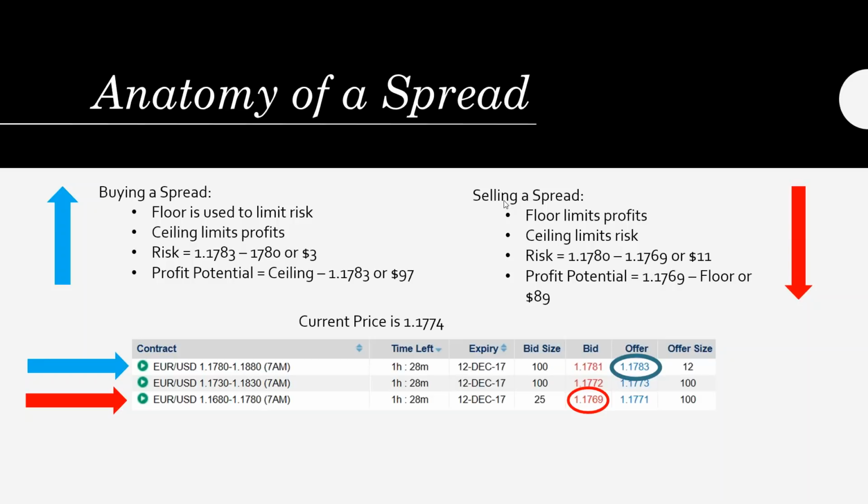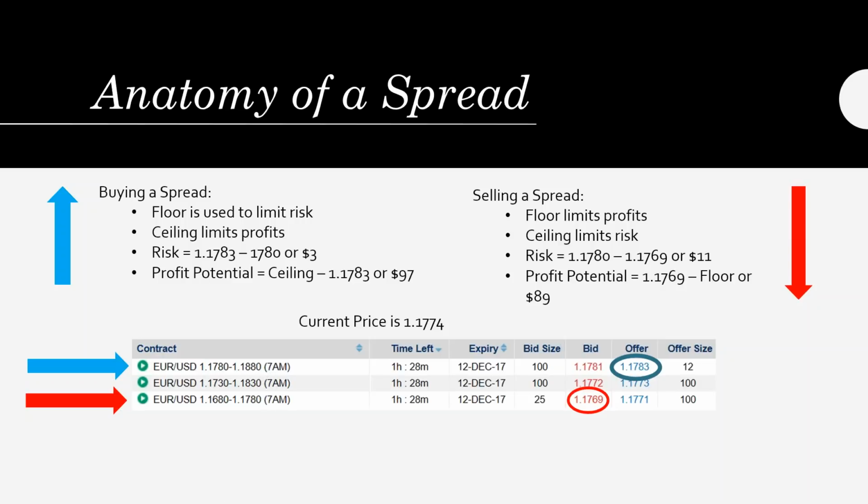But let's say that you are selling a spread. In that case, the floor will limit your profit and the ceiling will limit your risk. So in this same example, let's say that instead of going long, you wanted to go short.